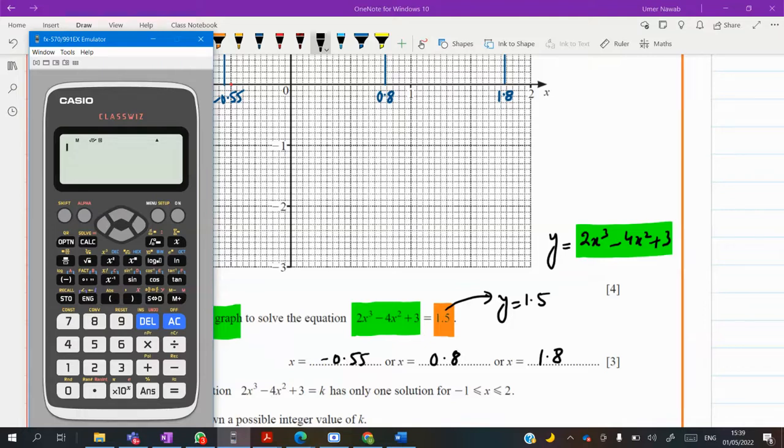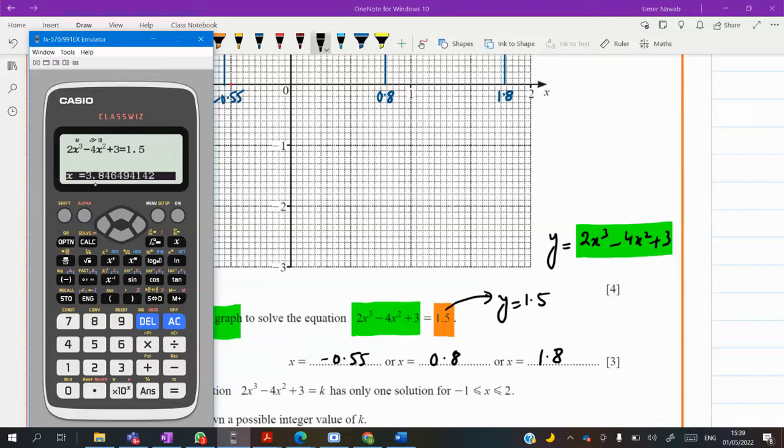So let me write this equation here: x to the power 3 minus 4x squared plus 3 equals 1.5. I'm using the equation solver feature of the calculator to verify my answers. So shift solve.